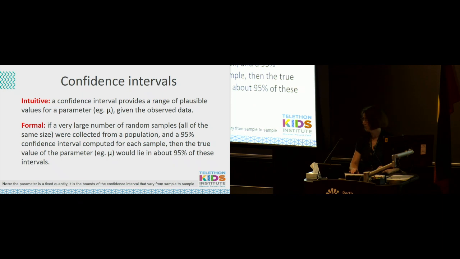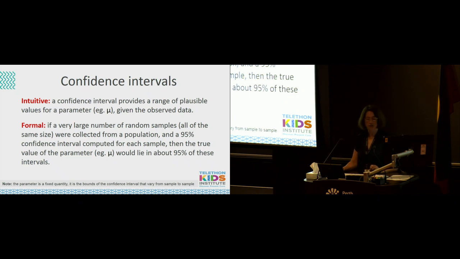If you put it in the frequentist framework, because we're taking samples, we're not looking at everyone, we have a target population and we take a sample from them, it's a concept that if we take repeat samples again and again and again, so if a very large number of random samples are collected from a population, and a 95% confidence interval is computed for each of those independent samples, then the true value of the parameter will lie in about 95% of these intervals.